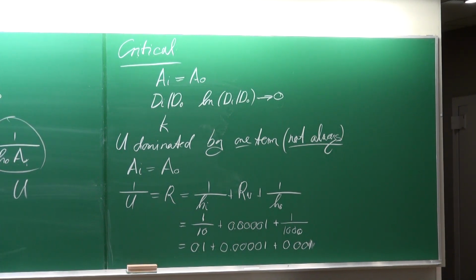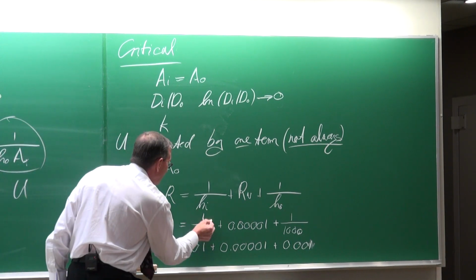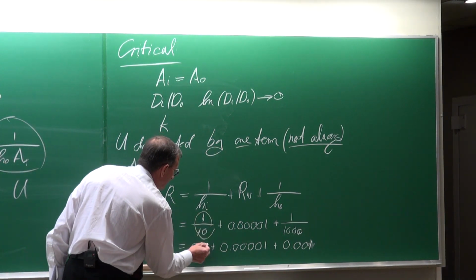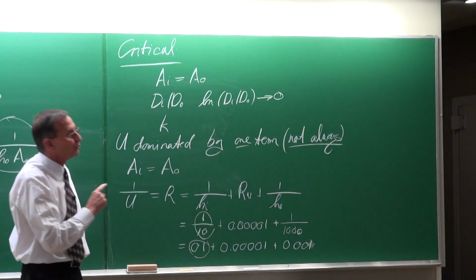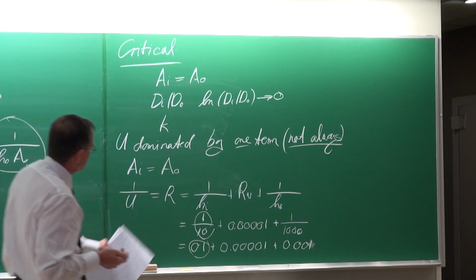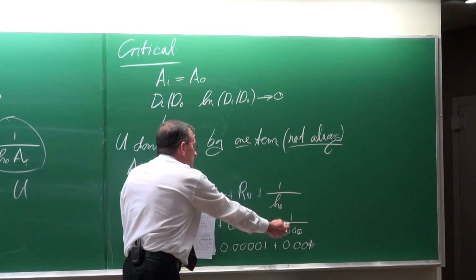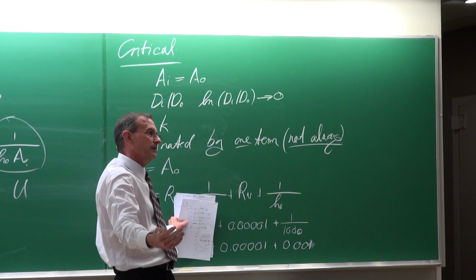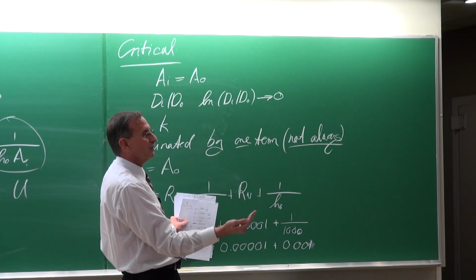So what does it really mean? It means that this value, that 10, is your problem case. If you would like to design a more effective heat exchanger, it is not going to help to increase the velocity on the outside by trying to increase the heat transfer coefficient.